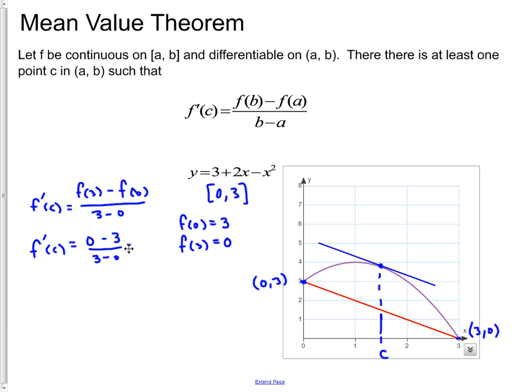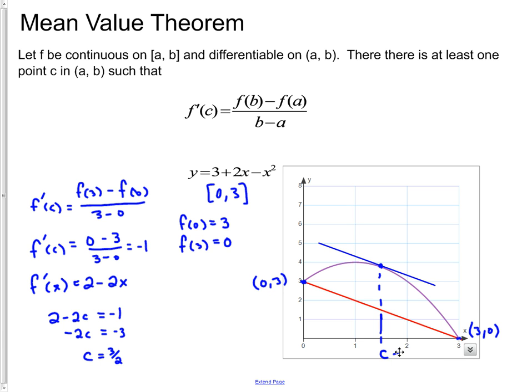Oh, well, that comes out to be negative 1. All right, so what are we trying to do? Well, let's find f prime of x. In this case, we know our derivative of our function y equals 3 plus 2x minus x squared will be 2 minus 2x, and we want to find a place, c, such that 2 minus 2 times c is equal to negative 1. So we should go through and solve for c. We do that by subtracting 2 from both sides and finding negative 2 times c is equal to negative 3 in this case. And if we divide both sides by negative 2, we find c is equal to 3 halves.